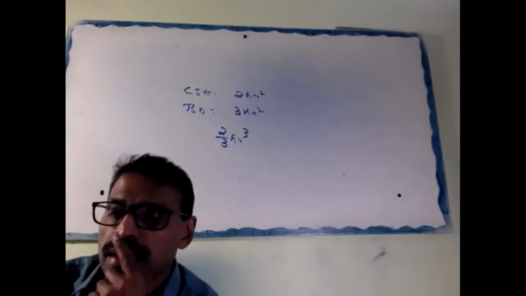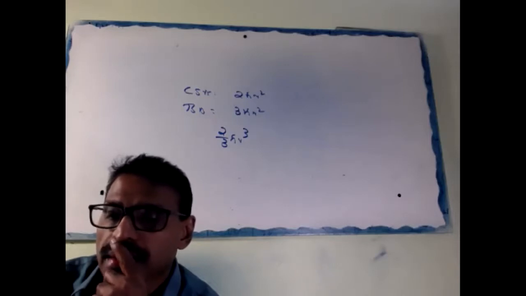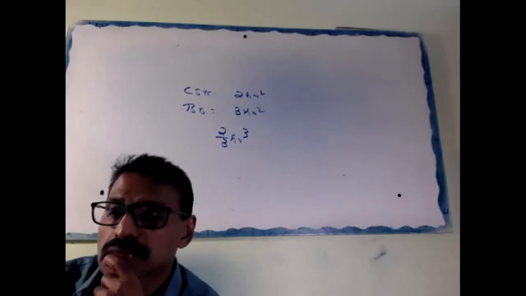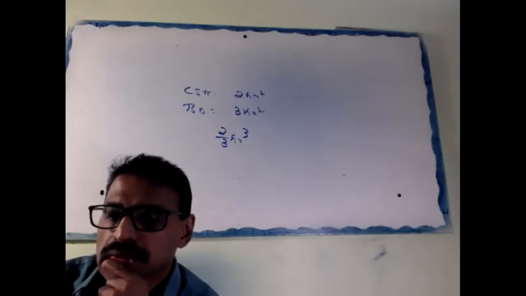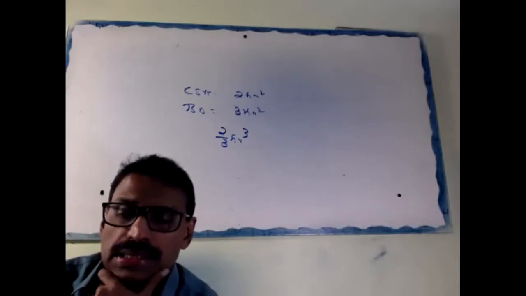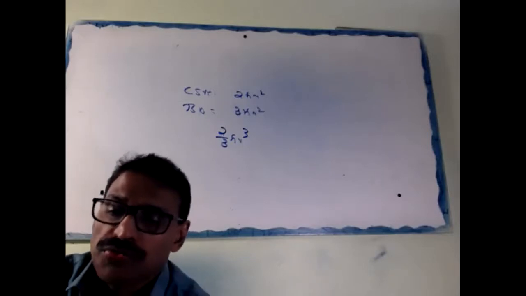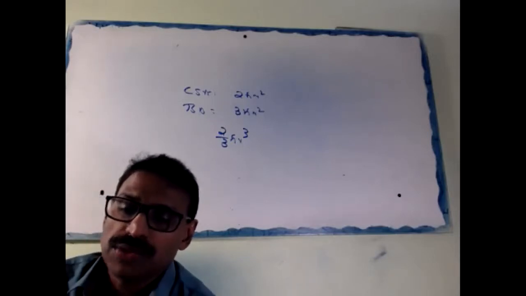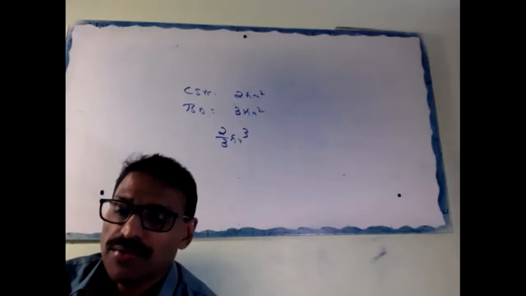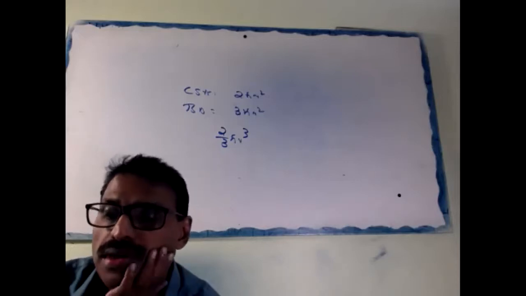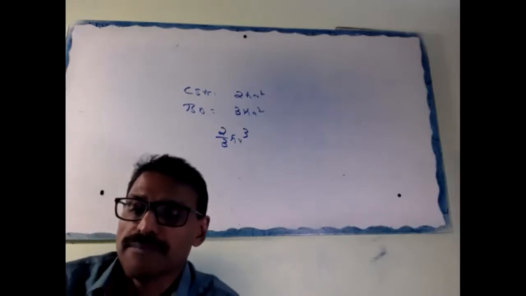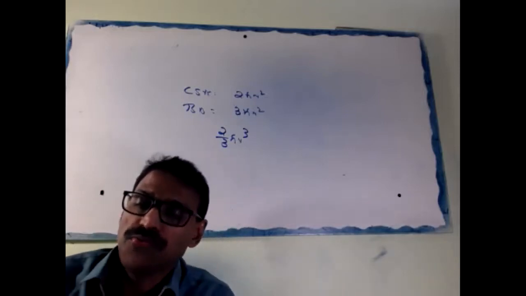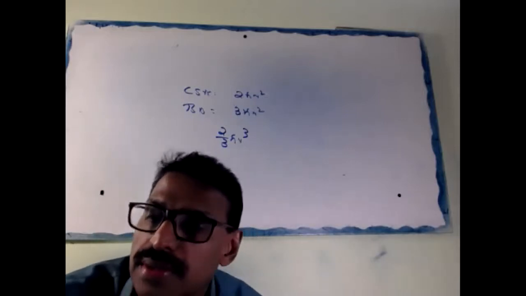Which one? CSA plus roof, correct or no? CSA plus roof, not walls only. What about the roof? Aditya, roof we have to paint, correct?